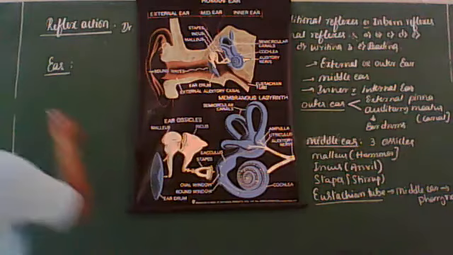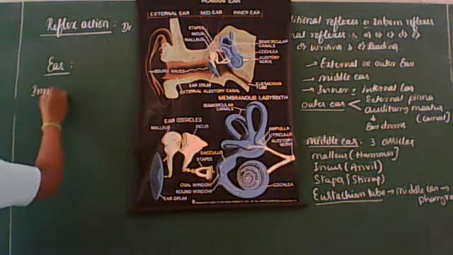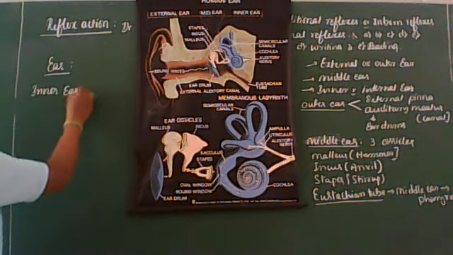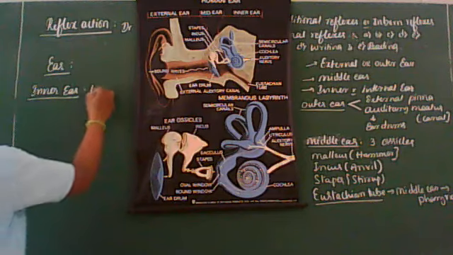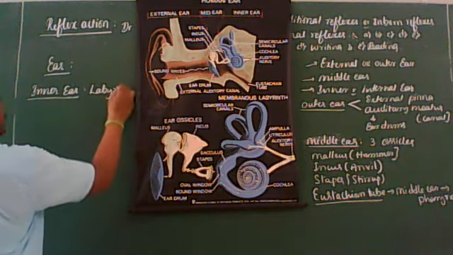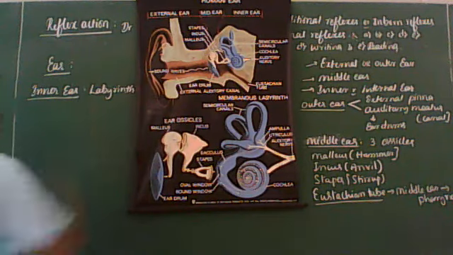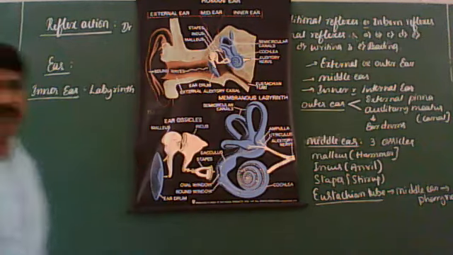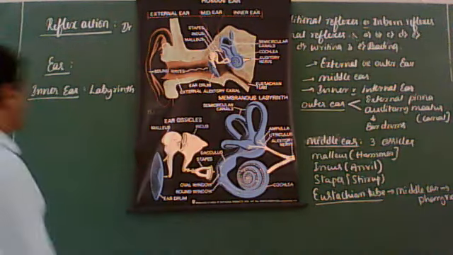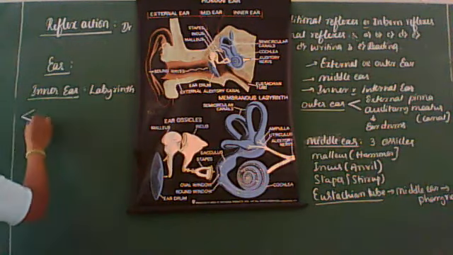Now let us look at the inner ear or internal ear. The internal ear is filled with a liquid called labyrinth. Labyrinth is of two types.